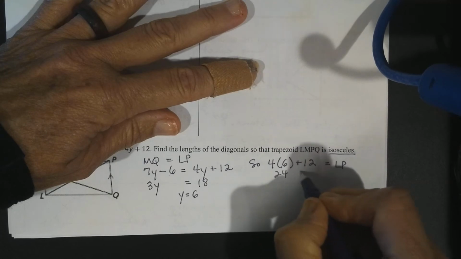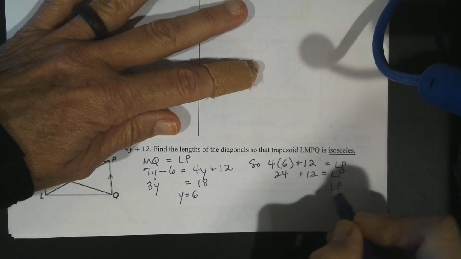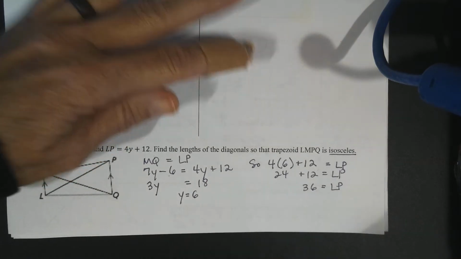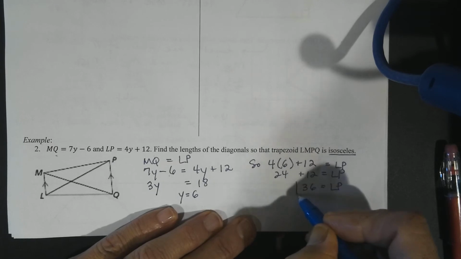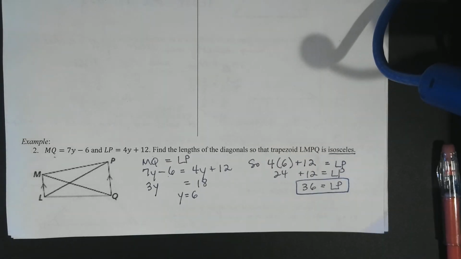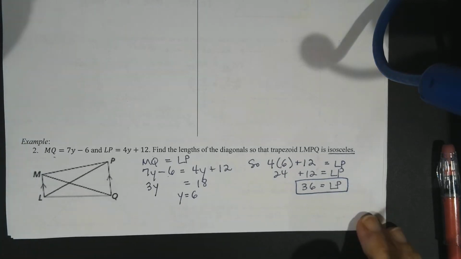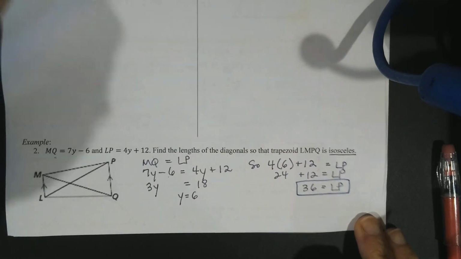Okay, so 24 plus 12 equals LP. 36. Of course, you should get 36 if you plug it in for MQ also. Again, this is my pausing for any questions. Okay, it's a lot to remember.